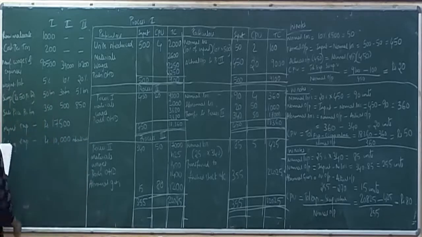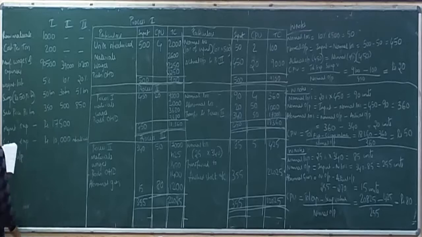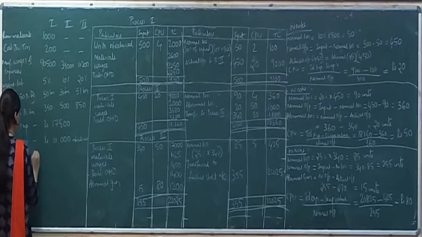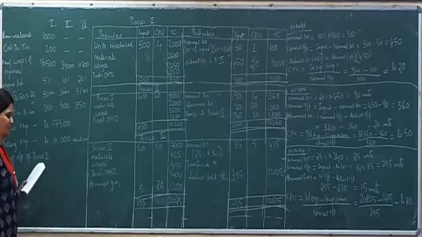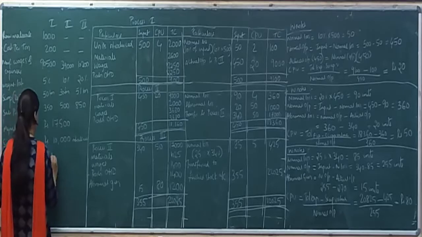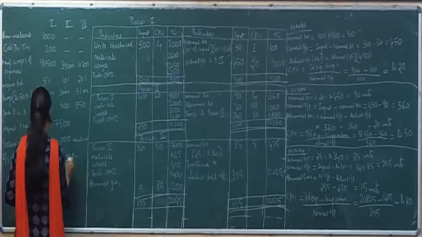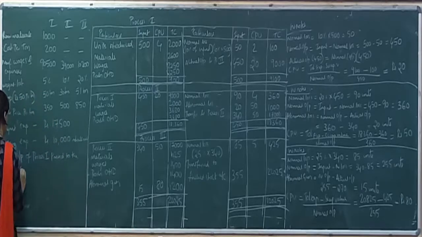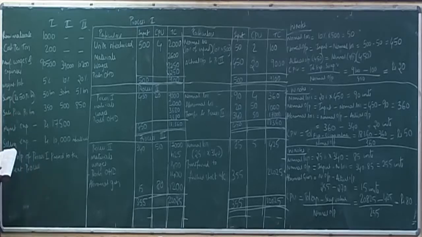Then of process 1, 2/3 of output of process 1 are passed to the next process, and the balances are sold.